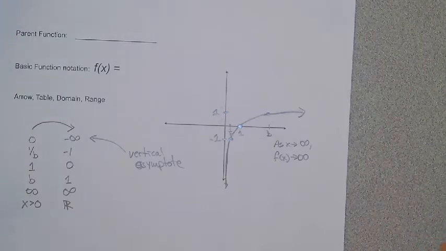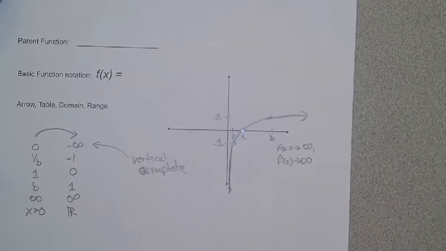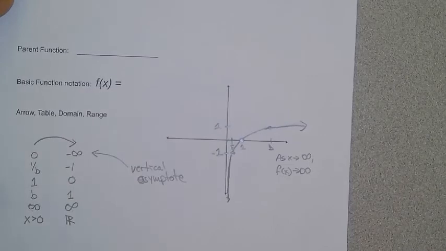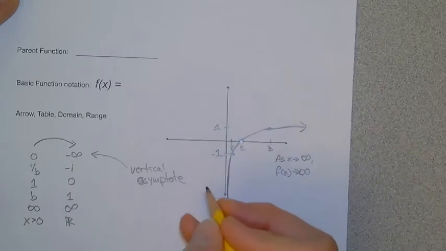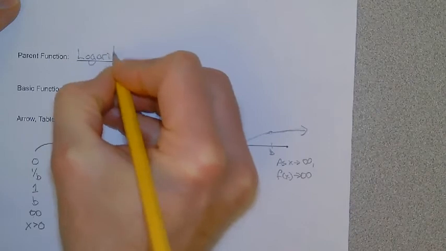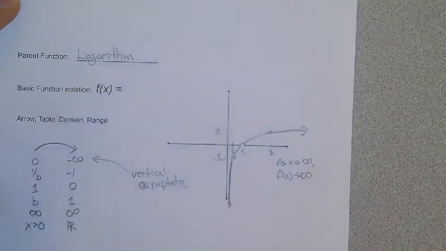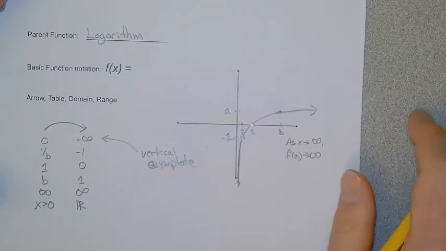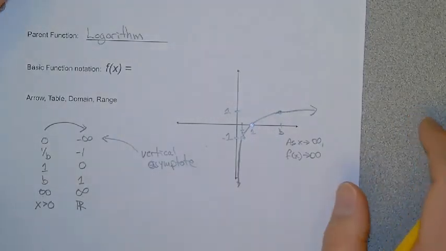So we know everything about it except for the name of it. And so we need to come up with the name of this. Many years ago, the first guy who gets to name it gets to have his name for it go down in history. This is called the logarithm. And this works as the inverse for whether it's exponential growth or exponential decay, does not really matter.